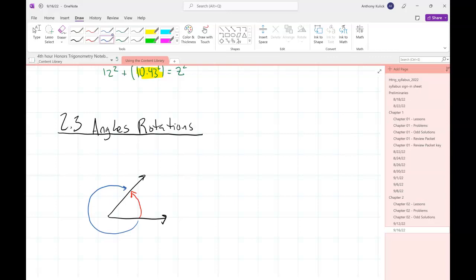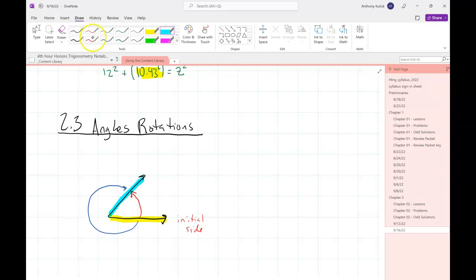Well, that is kind of the case. So notice when I'm drawing this, my arrow starts at this side. We'll call this the initial side of our angle. When I draw this little arrow rotating around, where we started is called the initial side.